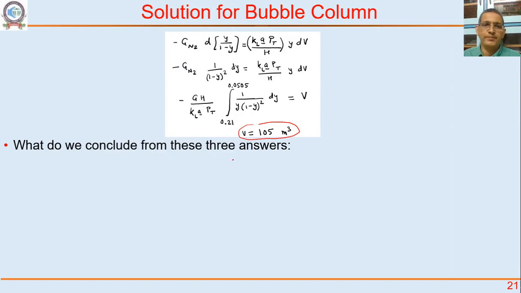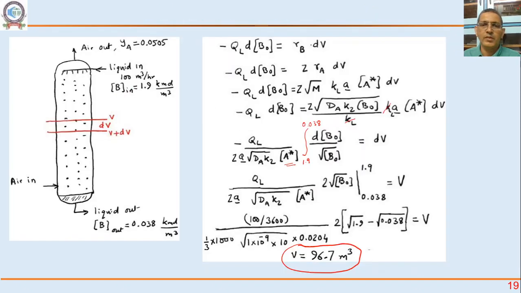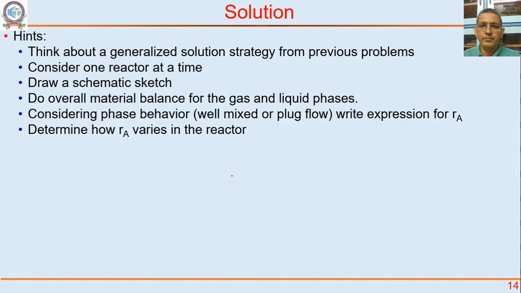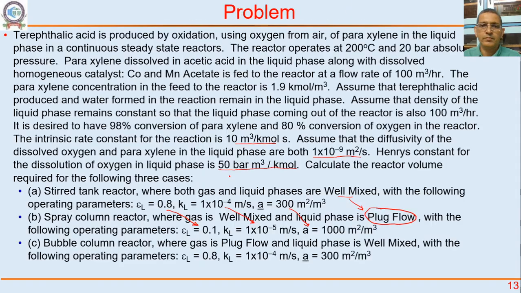Look at this. What do we conclude now? Now we are comparing situation A and C. Epsilon L is the same. KL is the same.